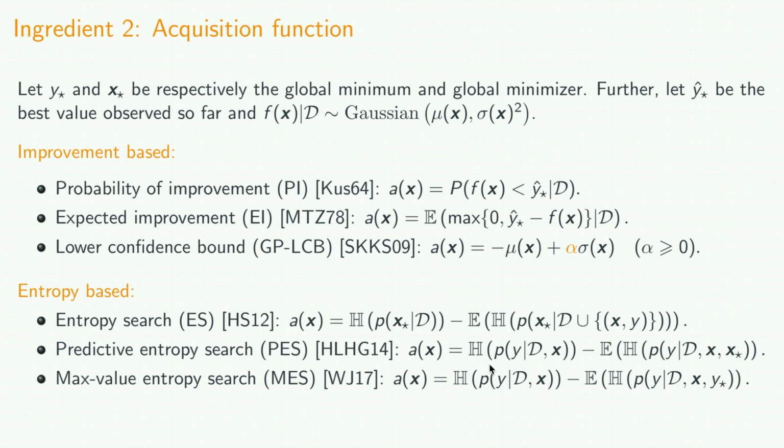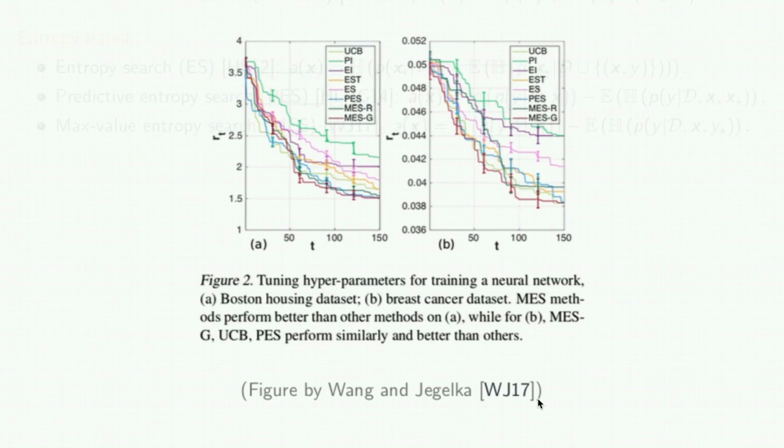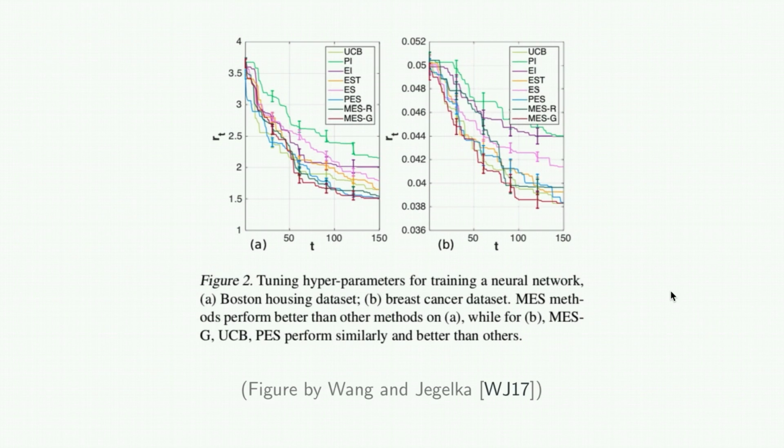And so this has been shown to be, well, it cannot be computed in closed form, but has been shown to provide some slight improvements in practice. Just to make things a bit more concrete, here is how those different acquisition functions perform. So here we have UCB, upper/lower confidence bound, probability of improvement, expected improvement, entropy search, predictive entropy search, and max value entropy search on two examples.